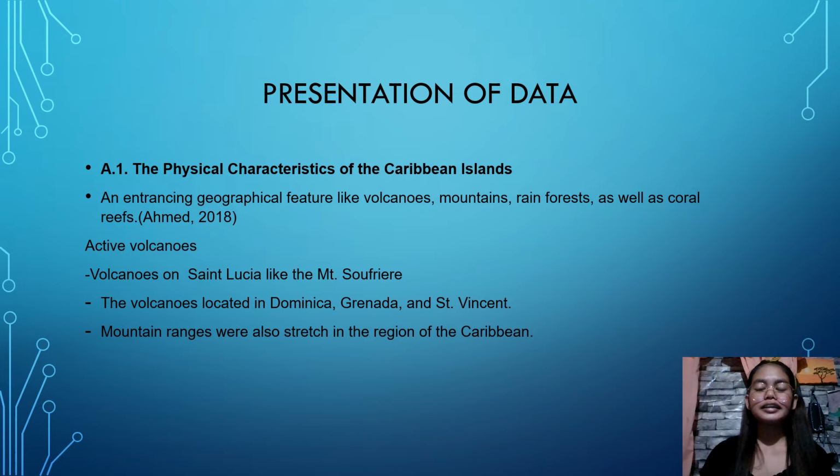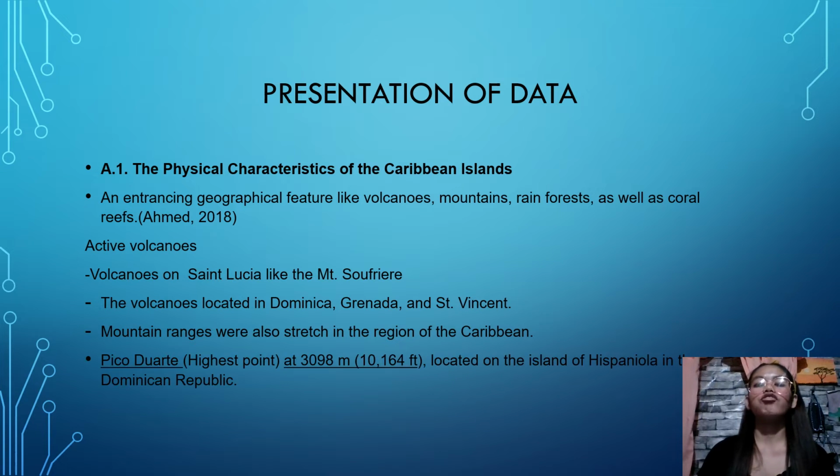Then, aside from that, there are also mountain ranges that were also stretched in the region of the Caribbean. An example of this is the Pico Duarte with highest point of 3,098 meters, or an equivalent of 10,164 feet, located in the island of Hispaniola in the Dominican Republic.